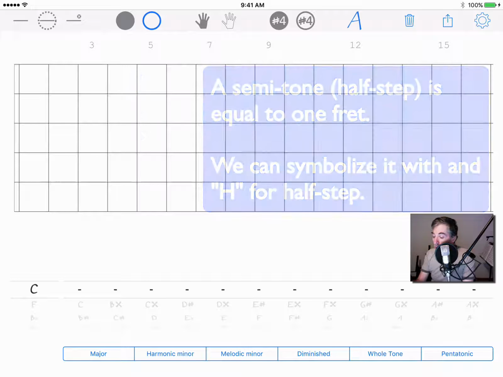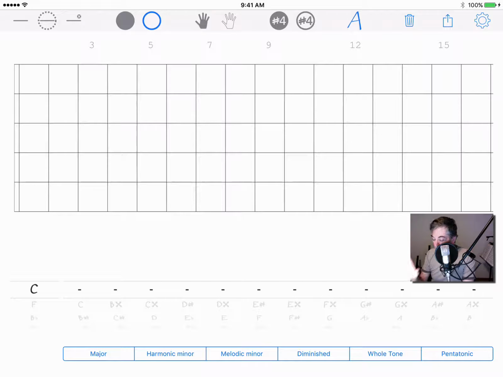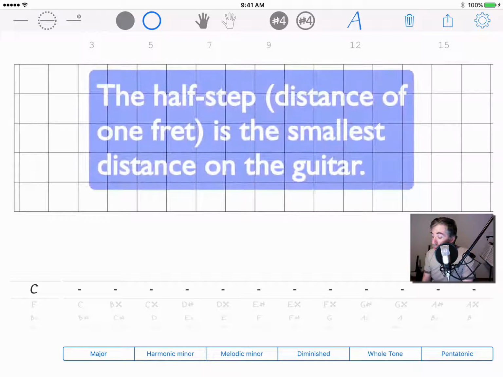Again, anywhere on the neck, on one string, if I move from here one fret and I move to there, that is a half step. Okay, that's the smallest unit, a distance that you can have in the Western music tradition.